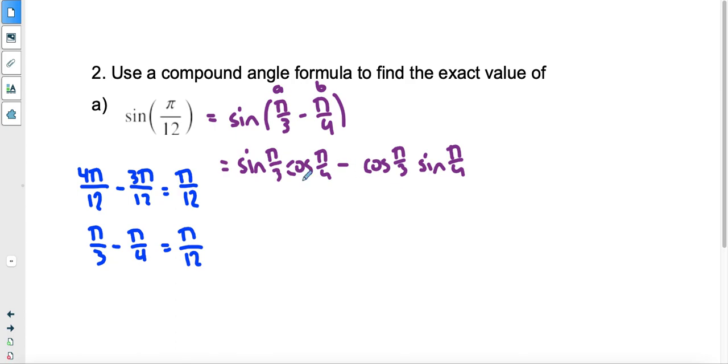And to figure out what this is, again, we can use our special triangles to help us out. Okay, so here, to find sine of pi over 3, we'll need to use our special triangle with the angle pi over 3. And I'm just going to draw it out here.